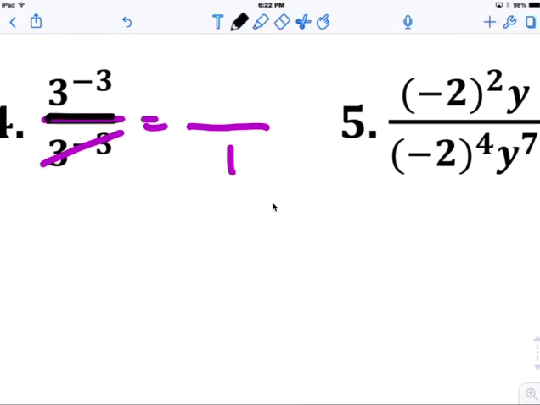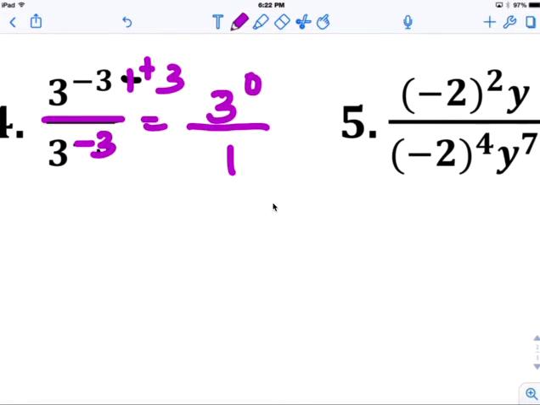When you divide, subtract, right? This negative 3. Subtract this negative 3. Becomes plus, plus. That's a 0. 3 to the 0 power. Anything to the 0 power is 1. 1 over 1, or just 1.